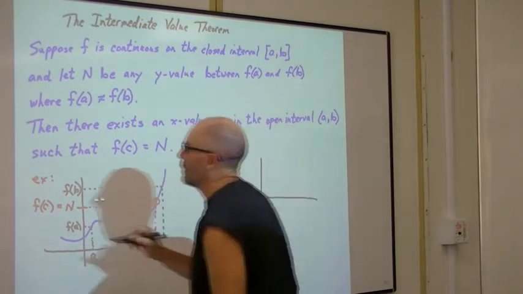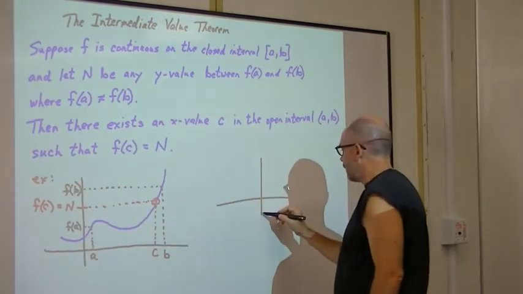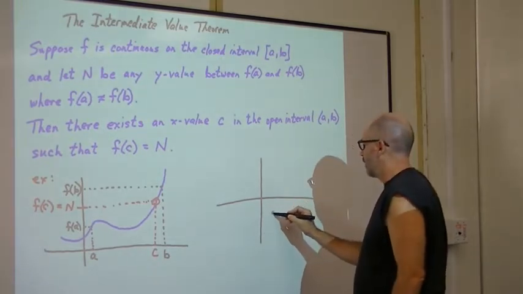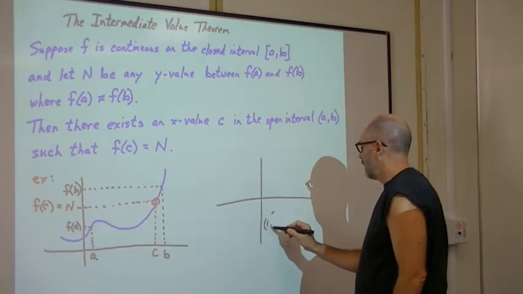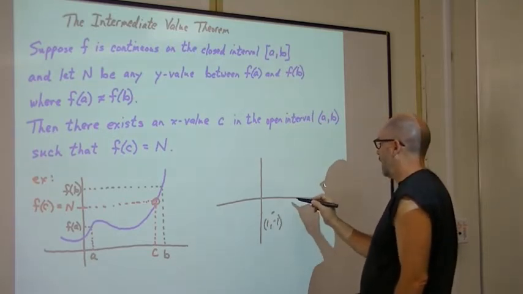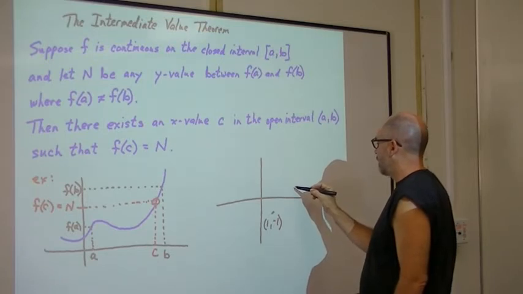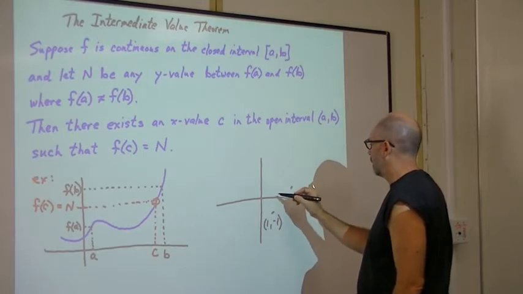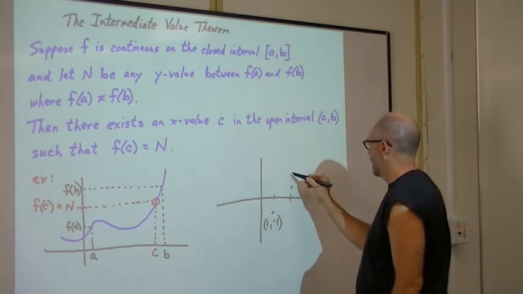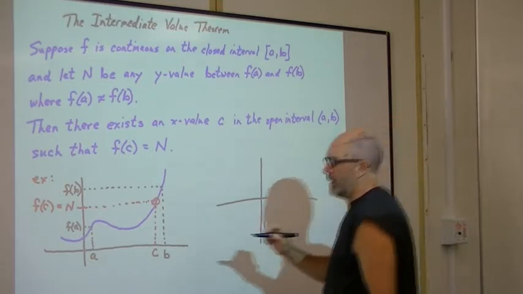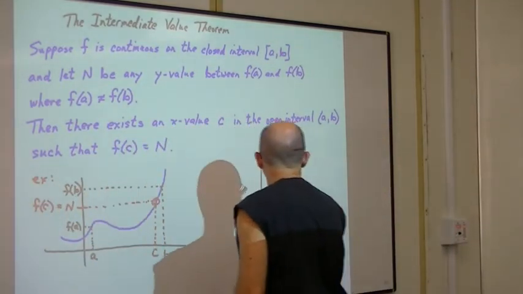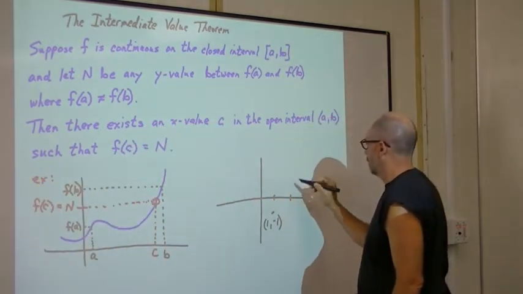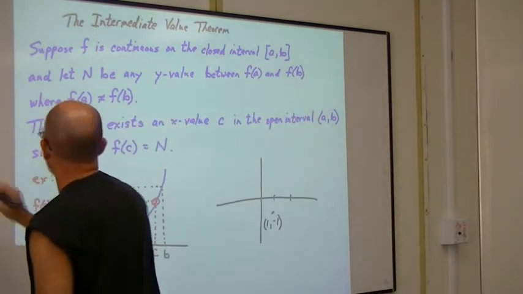I don't want to confuse you with a y value that's 0. Okay, so let's say f of 1 is negative 1. And f of 2 is 1.